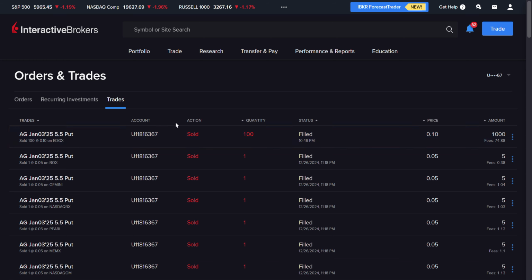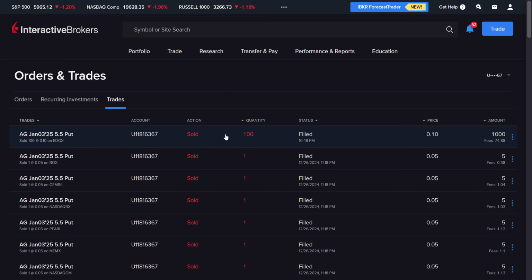Here you look at the action, whether you are selling the option or buying the option, and the quantity, how many contracts. Usually one contract is 100 shares, and this is the price, or we call it the premium, which when you sell an option, you will get. This is the amount that you will get.